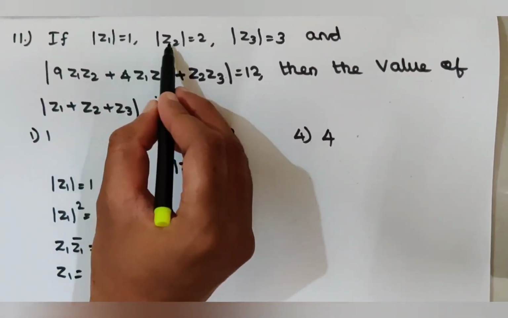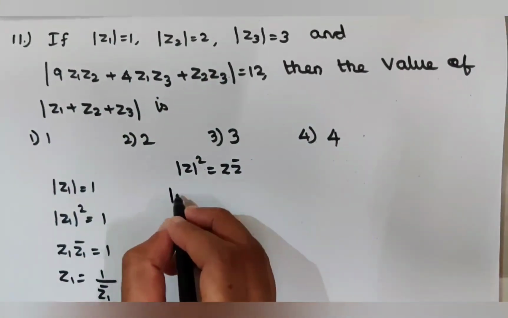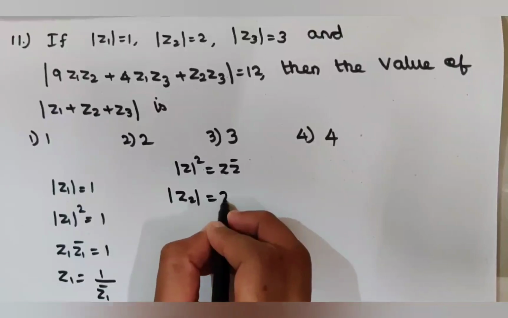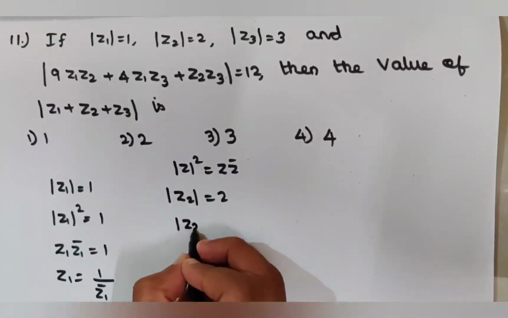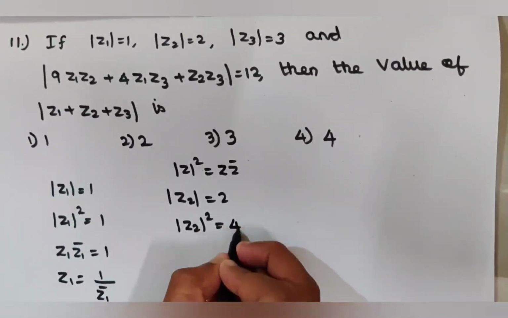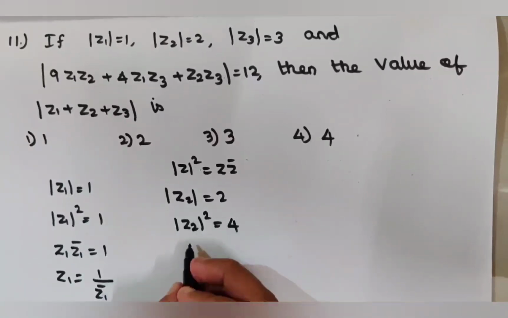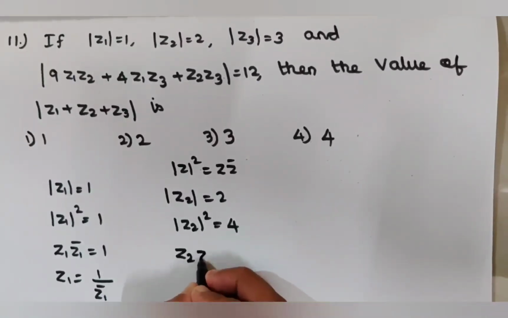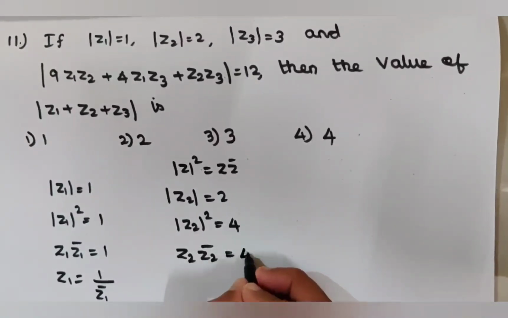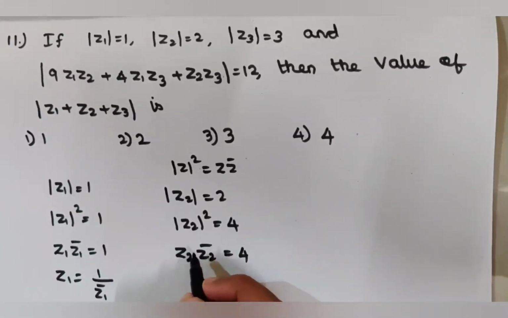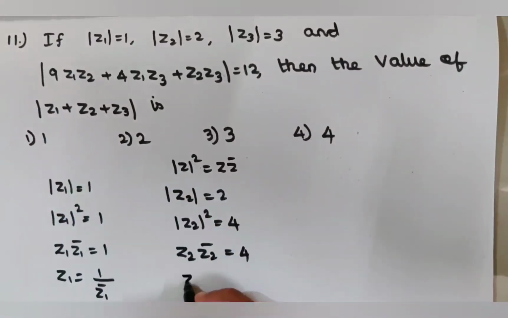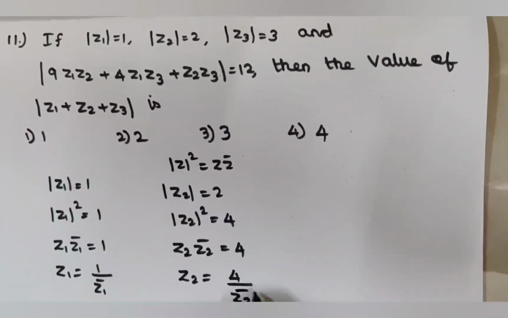Next, modulus of z2 is equal to 2. Taking square on both sides, modulus of z2 square is equal to 4. Modulus of z2 square can be written as z2 z2 bar is equal to 4. I need the value of z2 to substitute here. So z2 is equal to 4 divided by z2 bar.